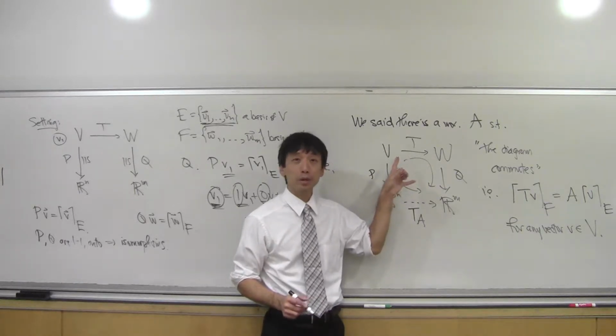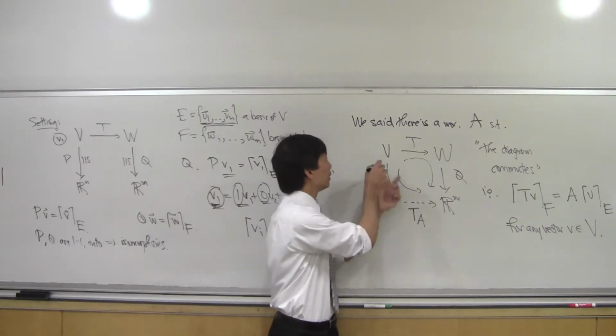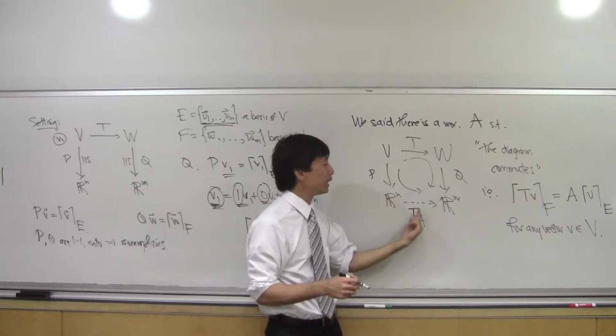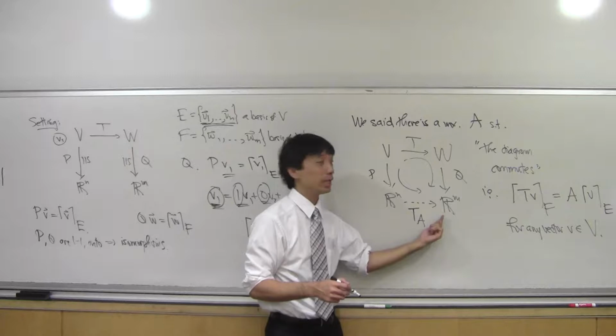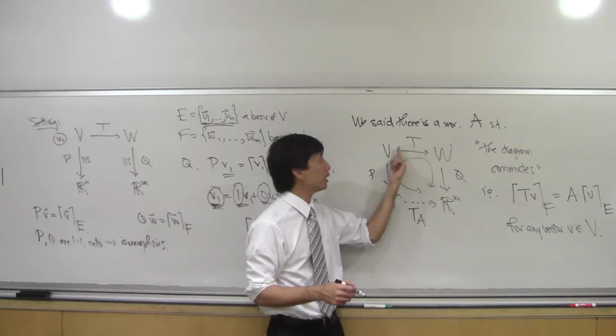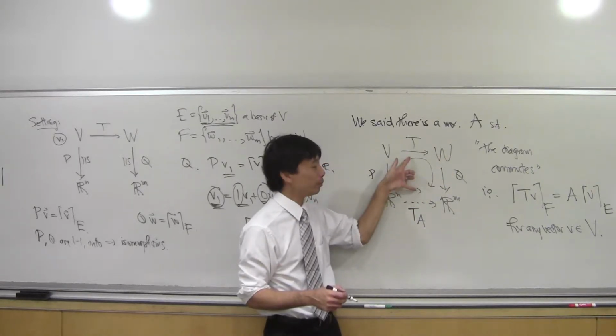Okay. So one way of thinking about this is that you're looking for the matrix that, when you multiply by it, does exactly the same thing that T does in going from V to W. It's like a mirror reality.